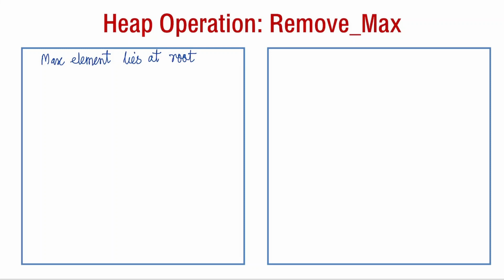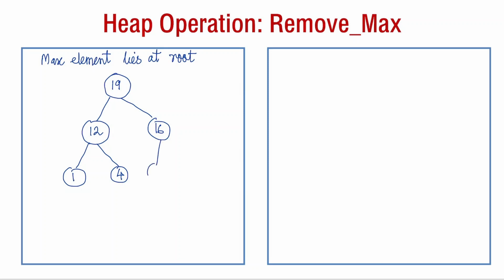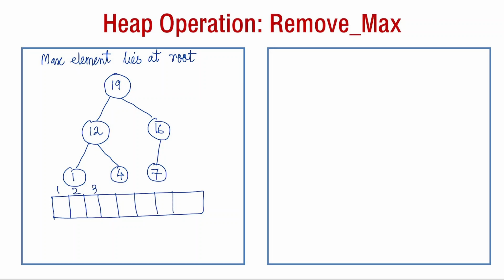As in our example, this was 19, 12, 16, 1, 4, 7.